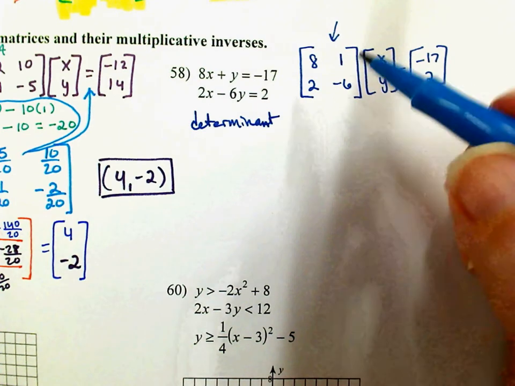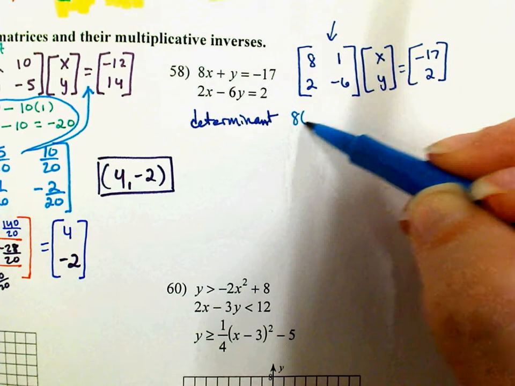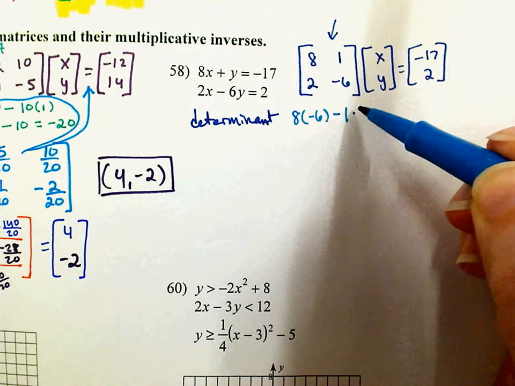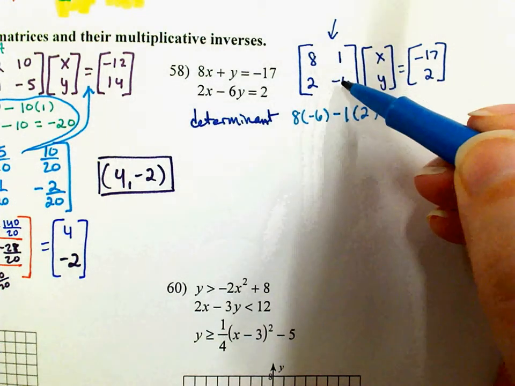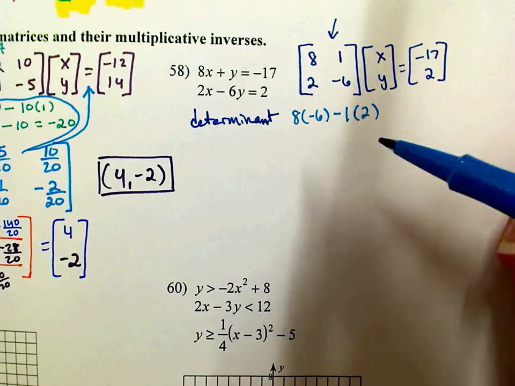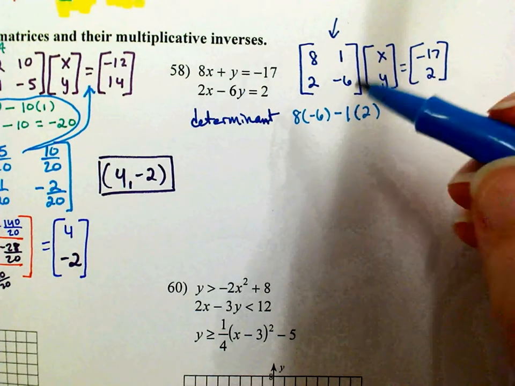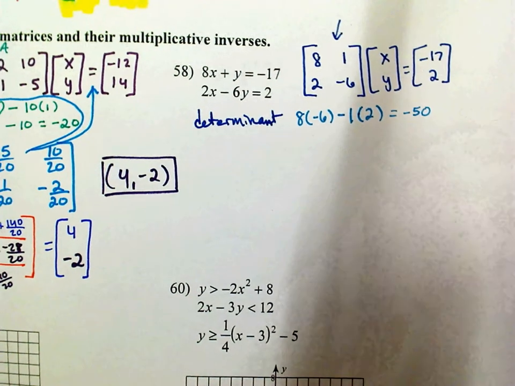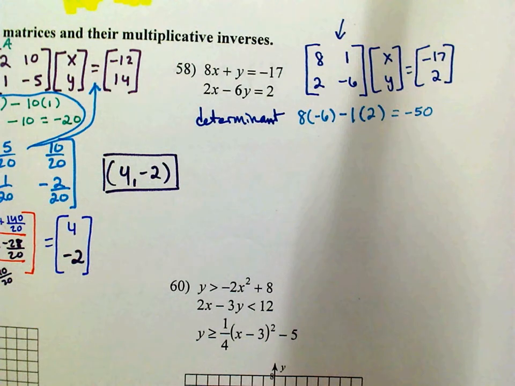Okay, so the determinant is I multiply 8 times -6, so that times that, minus that times that, 1 times 2. Yeah? 8 times -6 minus 1 times 2, and that's the determinant. What is 8 times -6? -48 minus 2 is -50. Okay, so my determinant is -50.